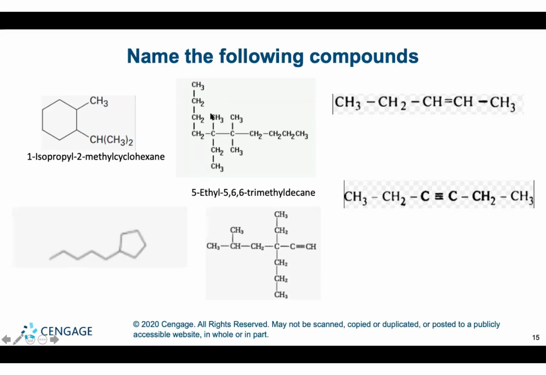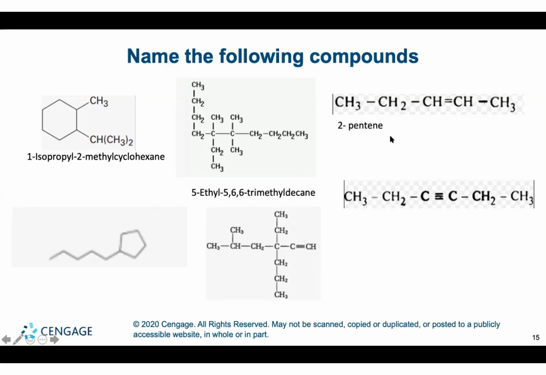So I start from the left side, and make sure when we write it down, we go alphabetically. It's going to be 5-ethyl-5,6,6-trimethyl, and we have 10 carbons in the longest chain. It's going to be decane, and it's an alkane for sure.